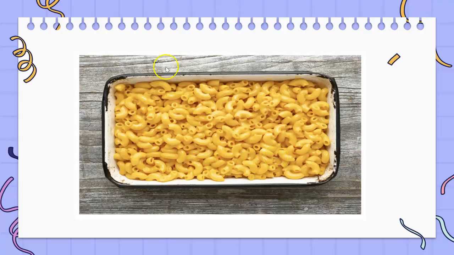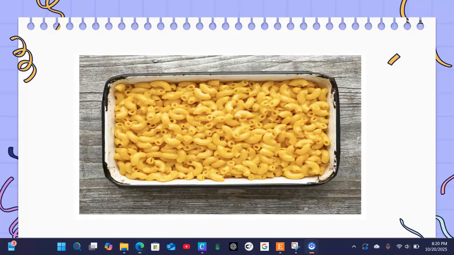Okay? Now, we're going to move from the concept of a full pan of mac and cheese to a lesson that is going to be talking about a portion of the mac and cheese. Keep in mind, whenever you are eating mac and cheese, you're going to slice it up so that you can share it with your family members, right?